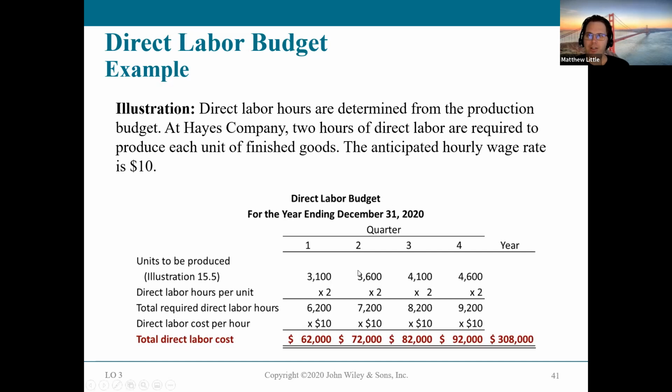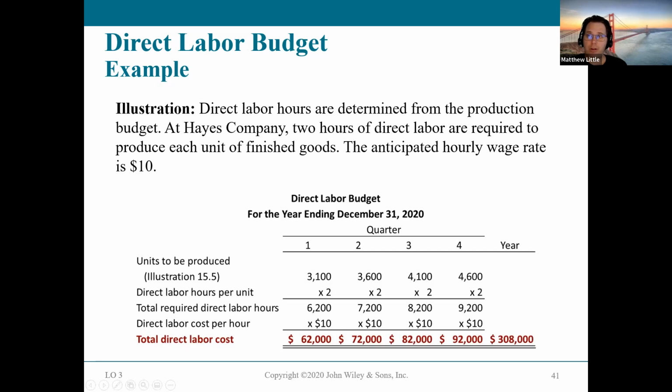So we look at our units, 3,100, 2 hours each, 6,200, $10 per hour, $62,000 for quarter one. And therefore, our total over the 4 quarters would be 308,000 direct labor. So this is actually producers, not salesmen, not your finance, admin, HR, whatever that might be.